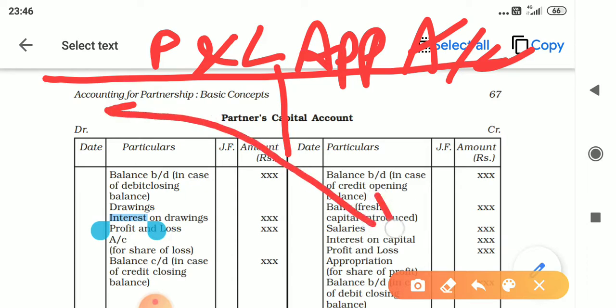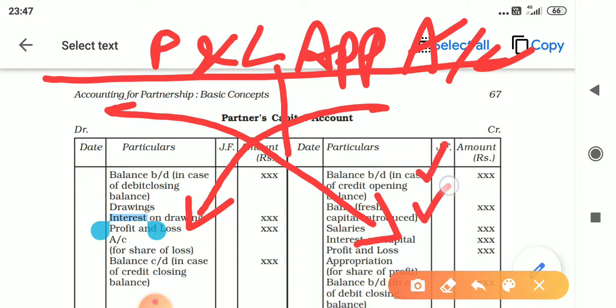That will appear on the credit side of partner's capital account. And interest on drawings appearing on the credit side, that will come in debit side of partner's capital account. Apart from that, you have opening capital balance and additional capital introduced and drawings. These three items do not appear in P&L appropriation account. So this is how you have to remember.